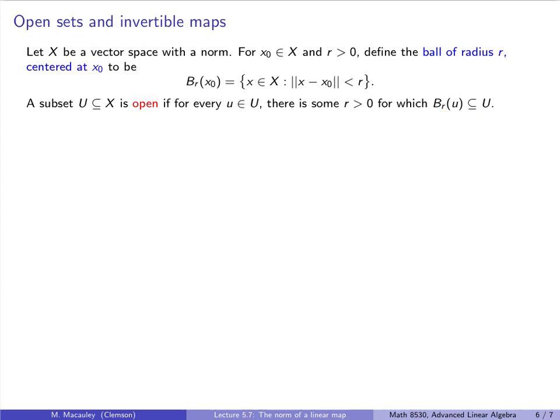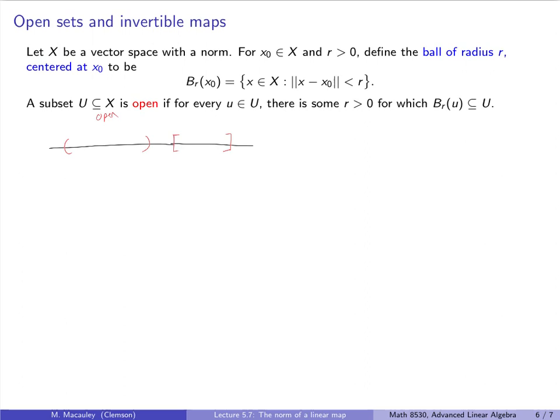So let me give you some examples and some pictures. You are all familiar with the concept of an open interval. An interval like this is open if it does not contain the endpoints, and it's closed if it does contain the endpoints. So why do we use this terminology?